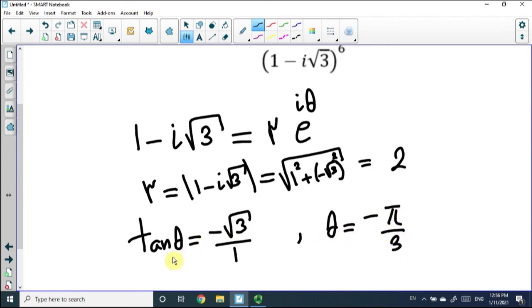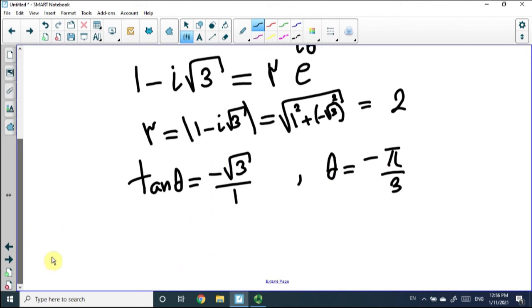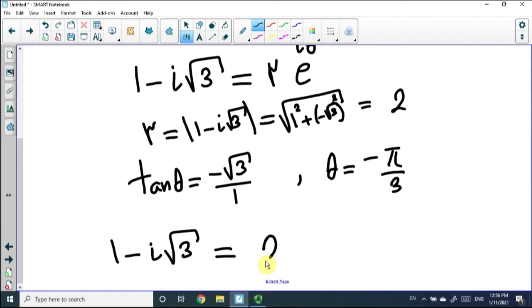That's the angle which has this tan. So now we know that this number can be rewritten using Euler Formula as the modulus, which is just 2, times e to the i theta, and theta is negative pi over 3.